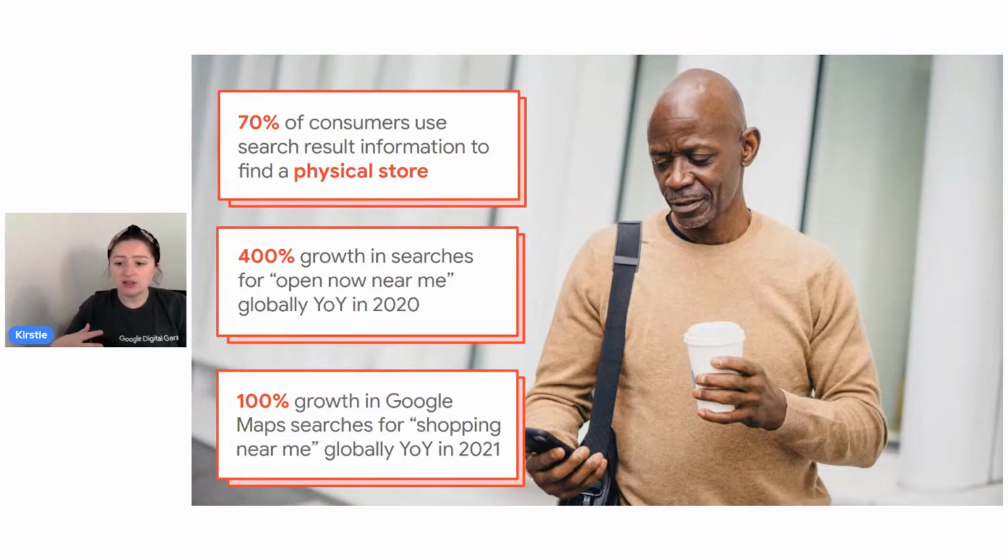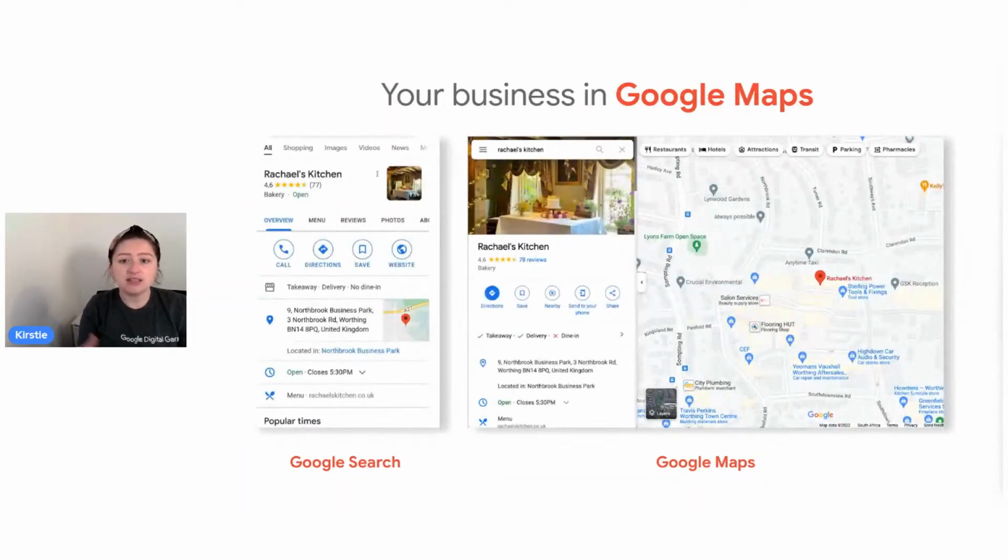So because of how these searches are developing, and especially with mobile and tablet and these mobile devices at the forefront of our searching behavior, when can we potentially get in front of our customers when they are ready to make that purchase? And this is what the Google Business Profile allows us to do. But how does that work? Well, you can see on the left-hand side, we can see the Google Business Profile in a search engine.